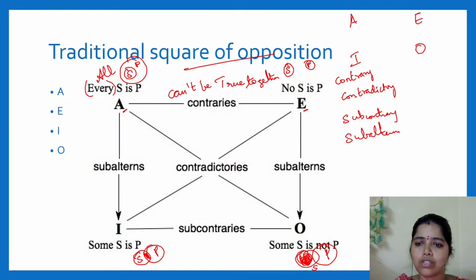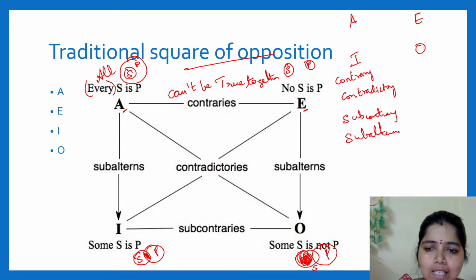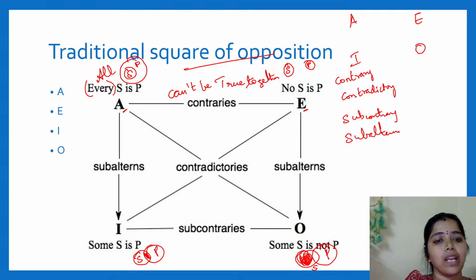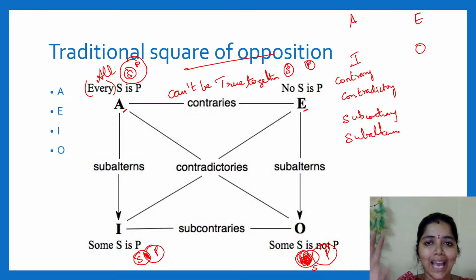No. They both cannot be true together, because all politicians are liars I am telling at one point, and at the same point I am telling no politicians are liars. Can these two statements be true together? Definitely not.